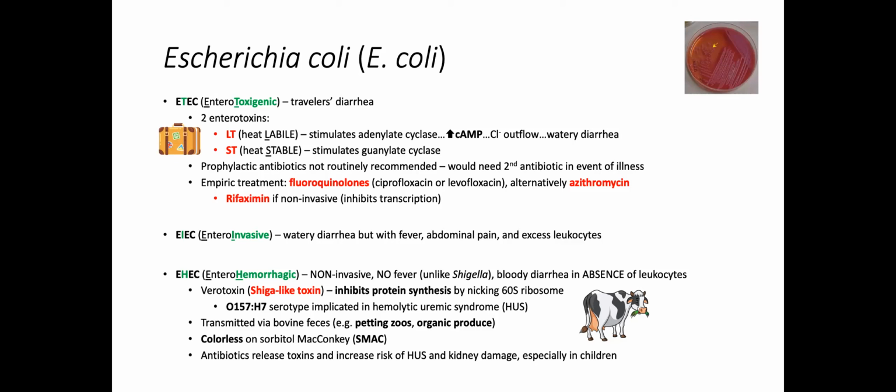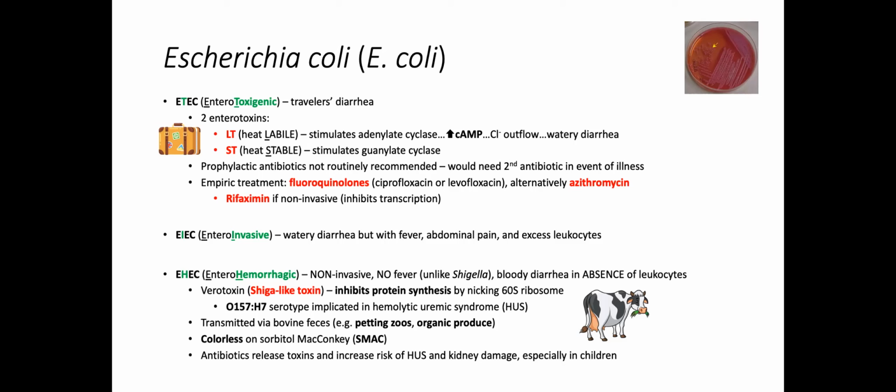Our heat stable stimulates guanylate cyclase. Prophylactic antibiotics are usually not recommended, and you would need a second antibiotic in the event of an illness. But our empiric treatment would be fluoroquinolones like Cipro or levofloxacin, or azithromycin. Rifaximin is if it's non-invasive.